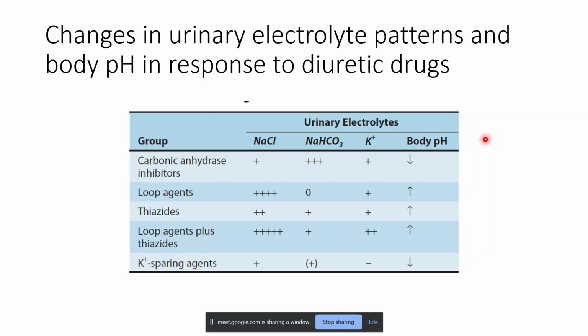All three of these will eventually decrease the blood flow to the kidney, and the kidney will recognize this reduction in the blood flow and then compensate by increasing the reabsorption of sodium and water, and that will increase the blood volume and eventually lead to the edema.